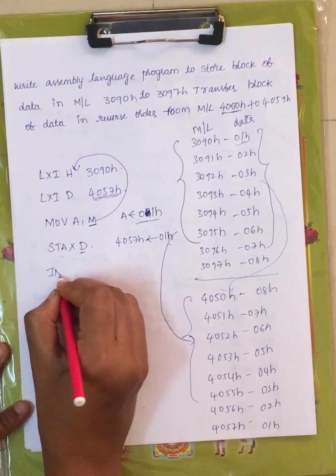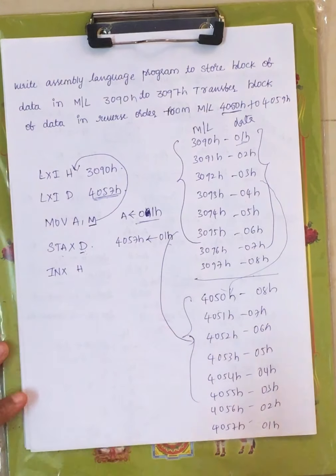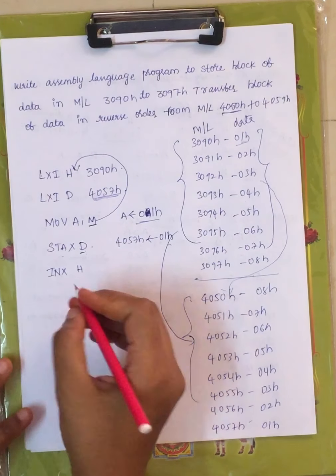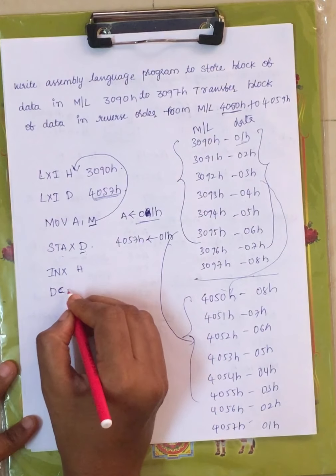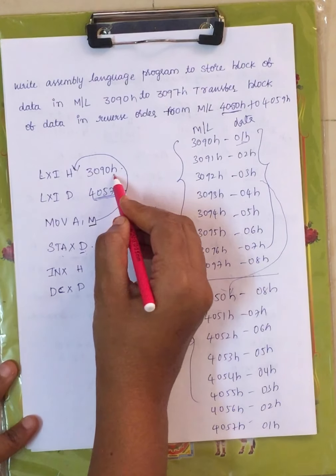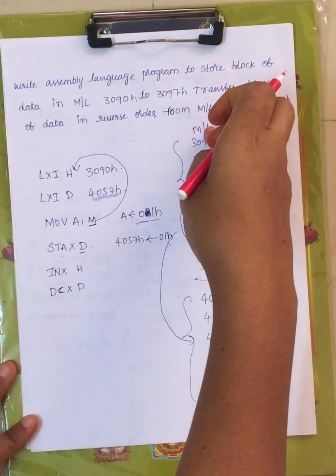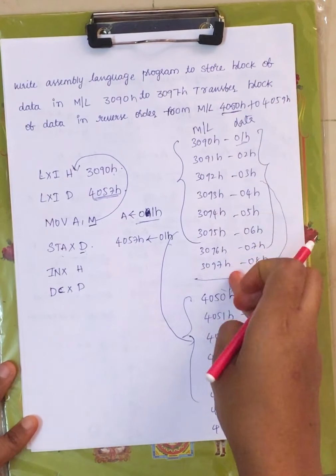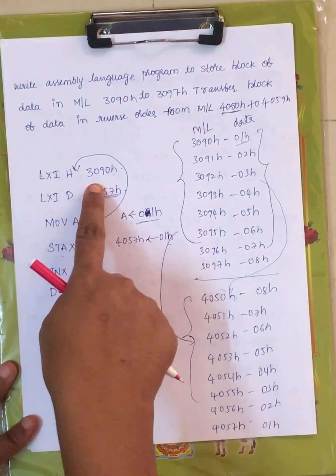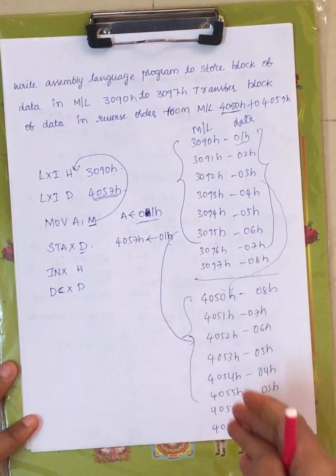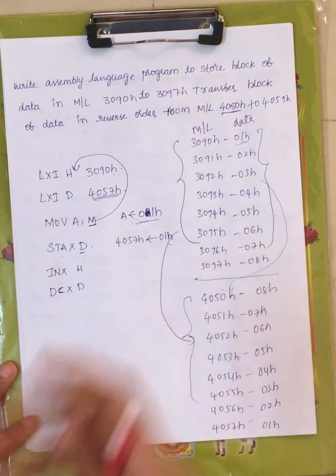Next, what is next? We have to increment H, INX H. Next, what is next operation? DCX H. This has to be incremented because we are going from low to high, this 3090H, that's why it has to be incremented. Now this has to be decremented because we are going from high to low.